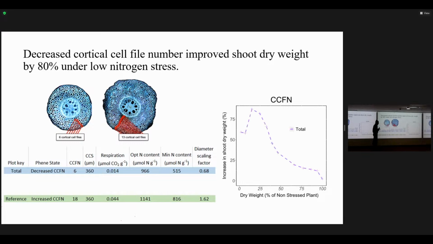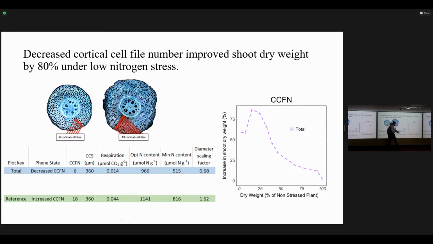And whenever we plot this against, for example, here on the x-axis, I'm showing the level of stress. 100 represents 0 stress, and 0 represents the highest stress. And here is the comparison of the decreased cortical cell file number versus increased cortical cell file number.